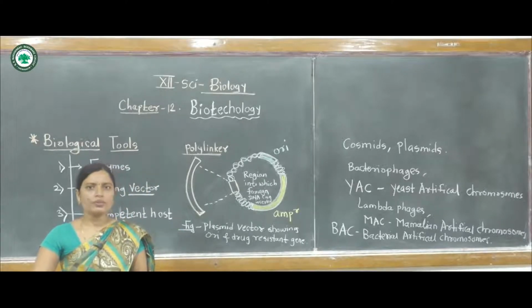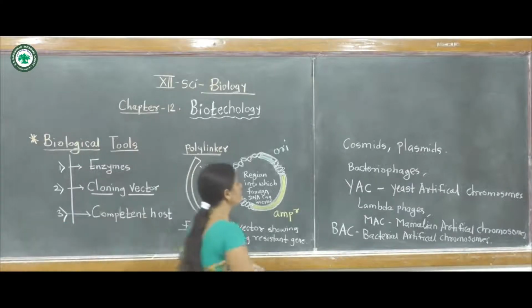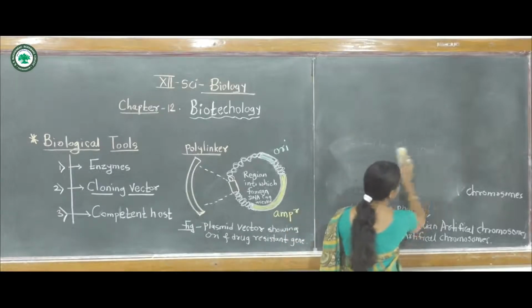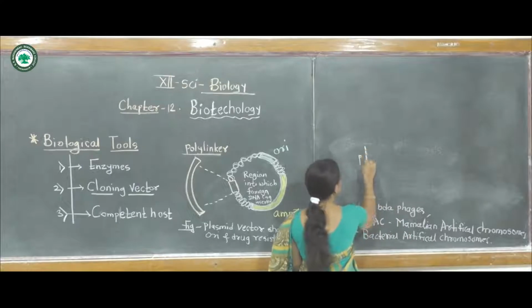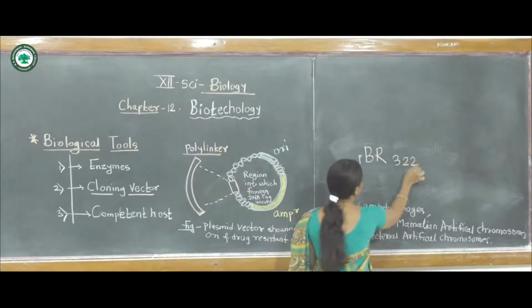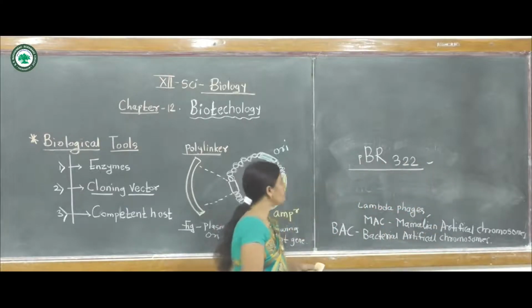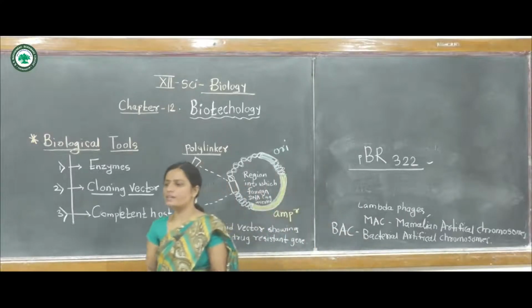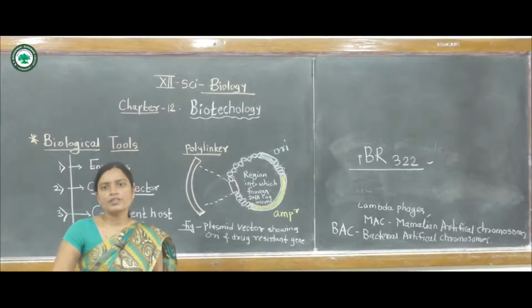One very important vector is pBR322. Here p means plasmid vector, and this plasmid vector was discovered by two scientists.